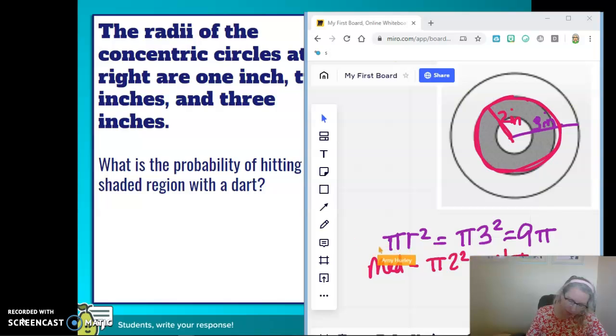Okay. The first one we took was the whole board. The whole dartboard is 9 pi square inches. Just that medium circle there is 4 pi.